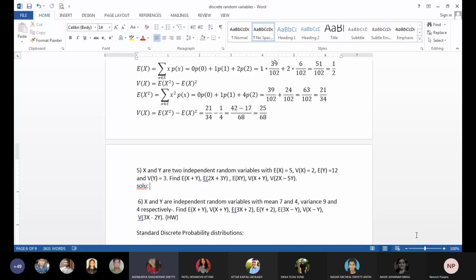सर आपने LCM 68 कैसे लिया? You tell me. 68 कैसे आएगा LCM बोलो. What is the LCM का meaning? Lowest common multiple. Least common multiple.